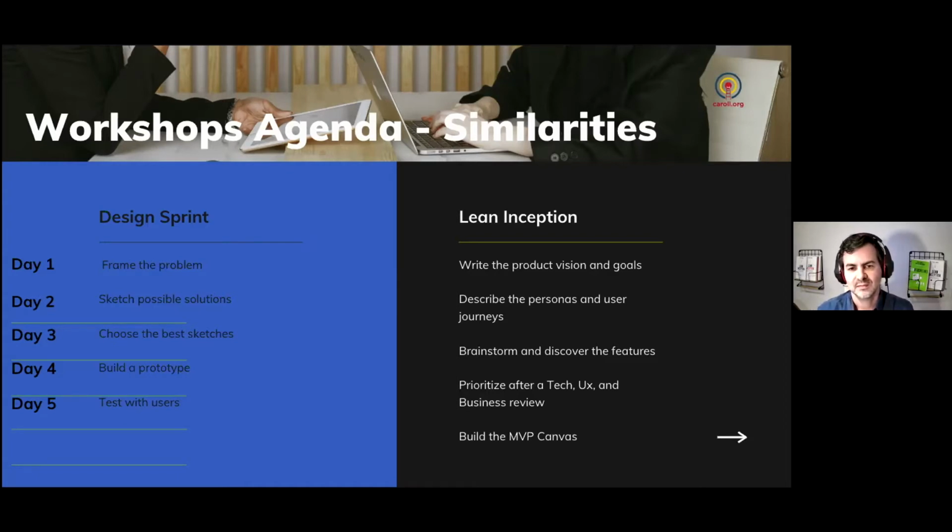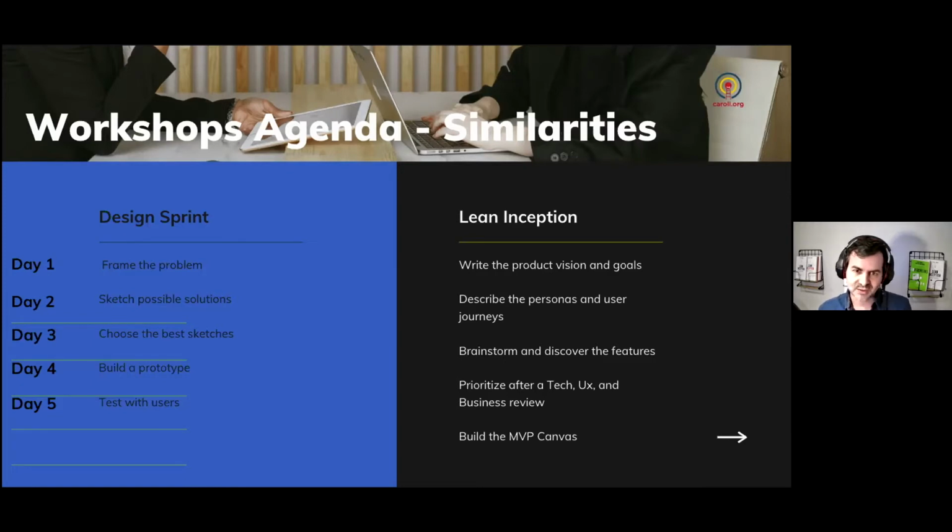Yeah, totally. Day three, design sprint, choose the best sketches, and well, inception, brainstorm and discover features, right? Yeah, here we start deviating quite a bit, right? Because design sprint's like, okay, we had a few sketches and let's choose the sketch. The focus is on design. We want to end the week with a prototype. In Inception, no, it's like, let's brainstorm about possible features.